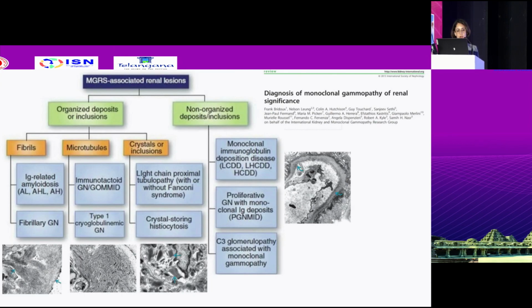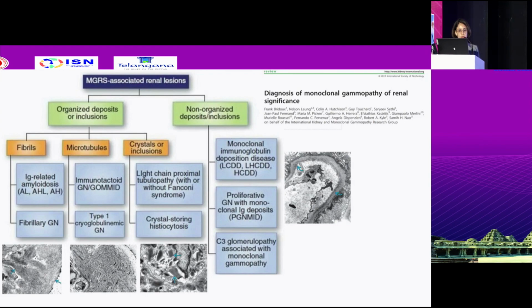In these two conditions, in ultrastructure, we'll have powdery deposits along the basement membrane. The organized deposits can be in the form of fibrils, in which case we will have either amyloidosis or fibrillary GN, and microtubules in case of immunotactoid or cryoglobulinemic GN, and crystals in light chain proximal tubulopathy or crystal storing histiocytosis.